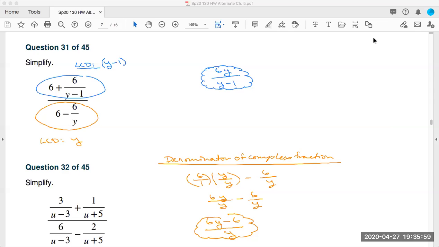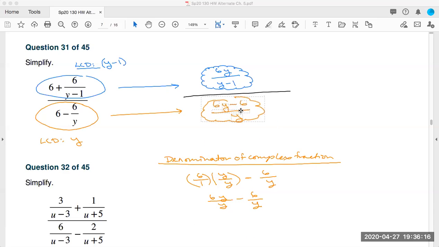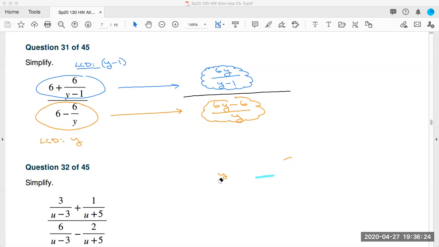And then we're dividing by this piece here.